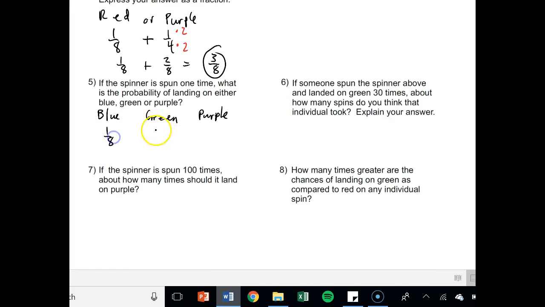So again, we've got to find common denominators. For 1/2, 1/4, and 1/8, the common denominator is 8. So 1/2, I've got to multiply by 4. 1/4, I've got to multiply by 2. And we're going to be adding all this up, so 1/8 plus 4/8 plus 2/8, which when I add together, I get 7/8 as my answer, or 87.5% chance of landing on one of those.